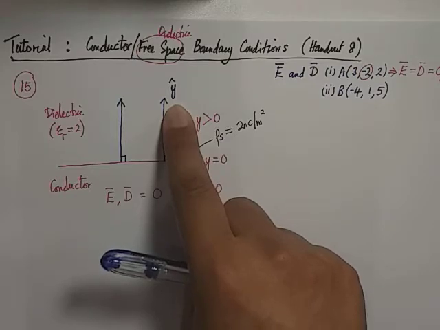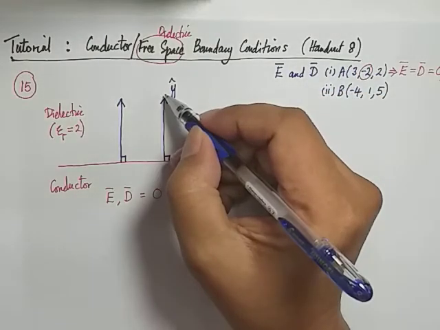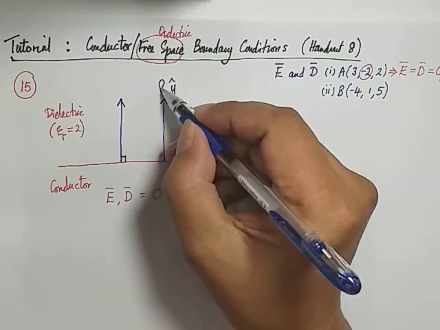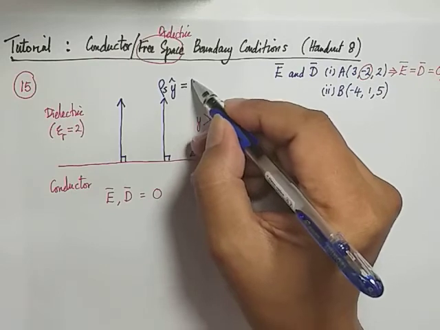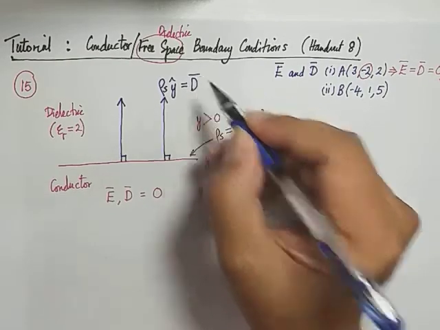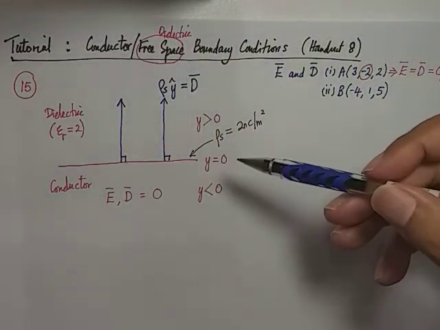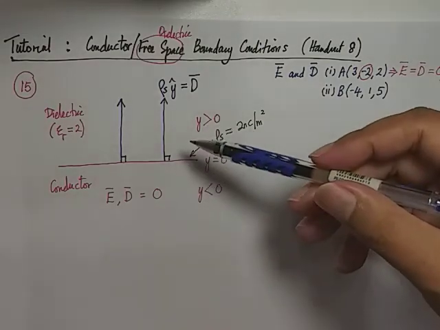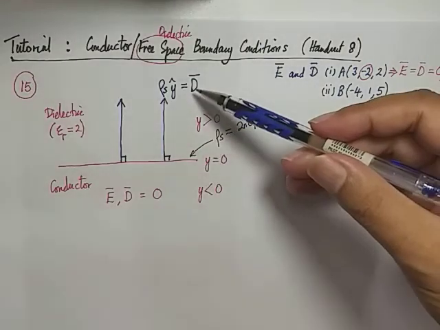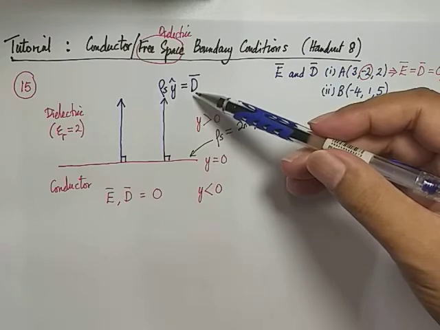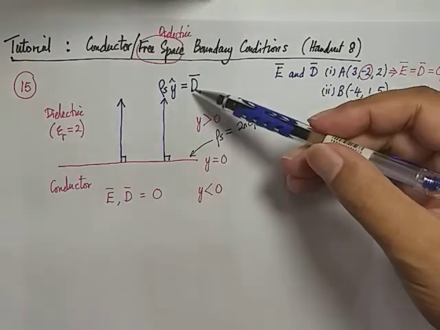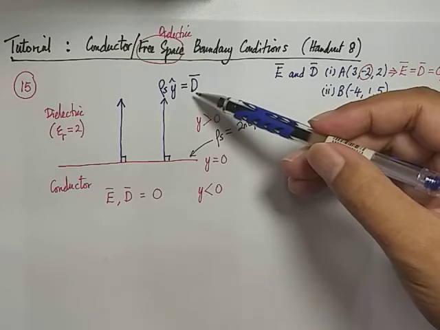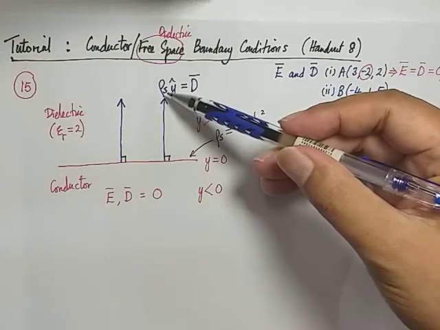The magnitude of the D must be equal to rho S. That should be our D field, in the region, which in this case is the dielectric. So the field must make an angle of 90 degrees to the boundary, and the magnitude of the electric flux density must be equal to rho S.